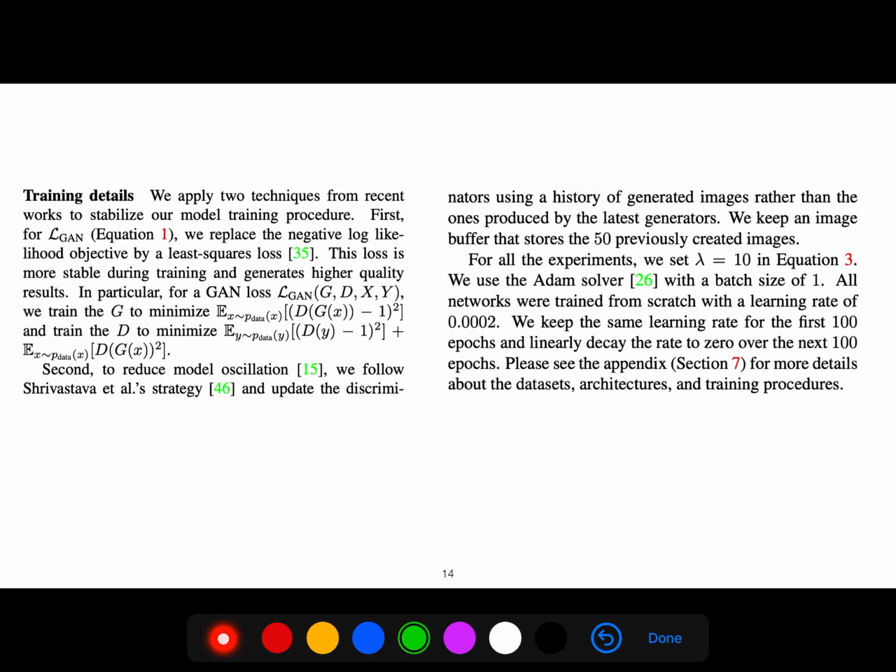This loss is more stable during training and generates higher quality results. In particular, for a GAN loss, we train the G to minimize E and train the D to minimize E. Second, to reduce model oscillation, we follow this article and update the discriminator using a history of generated images rather than ones produced by the latest generators.